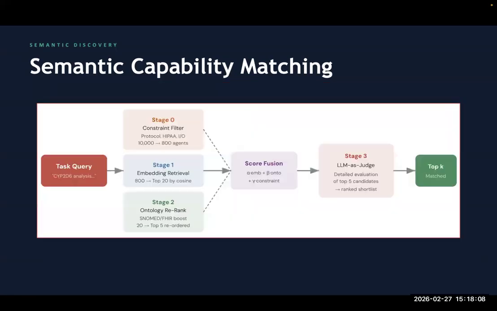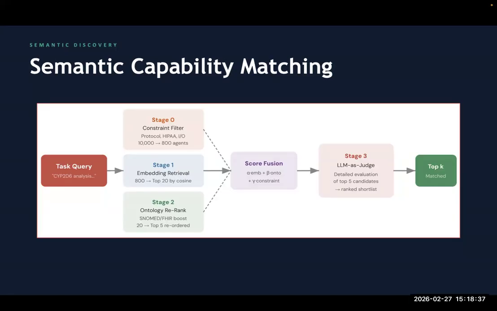As an example of how this is strung together, the pipeline I'm sharing with you is a novel application of the popular retrieve-then-reason frameworks for question answering and RAG-style LLM reasoning. But I just applied it here to semantic discovery of agents, right? Each stage narrows the candidate set down while increasing the evaluation fidelity. Constraint filtering and embedding retrieval are fast, millisecond.